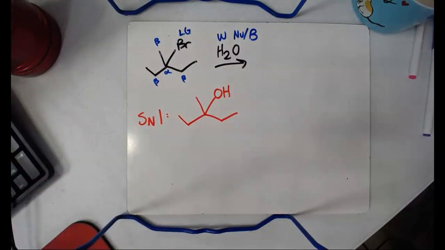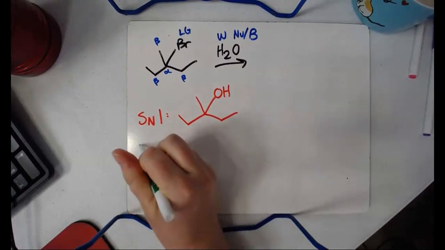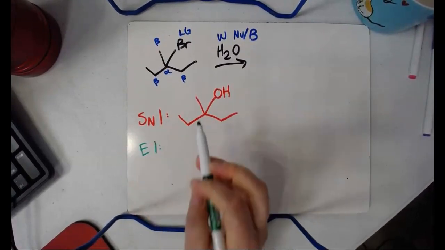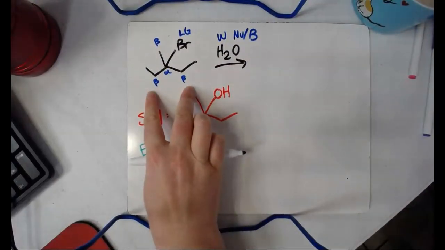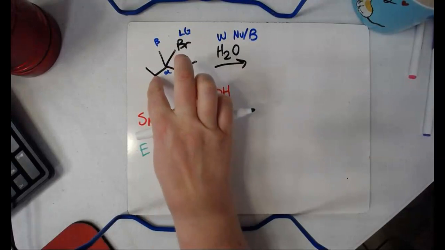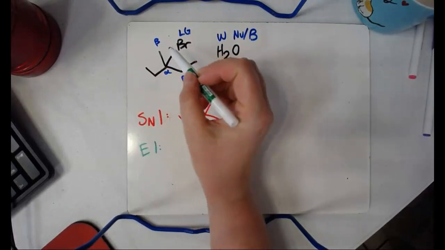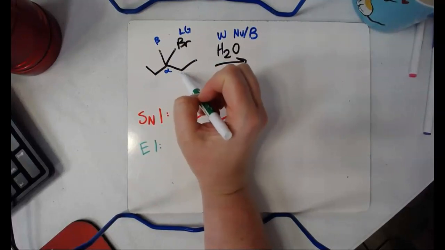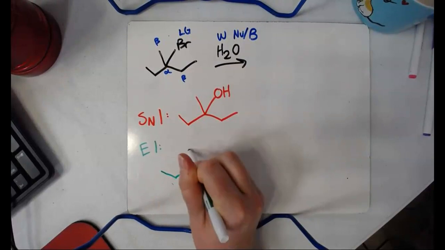Let's look at our E1 products. Now we have 3 different beta hydrogens. The 2 on the left and the right are equal to each other though, because there is symmetry. So I'm just going to erase this beta carbon. We're not going to use it. So for the carbon on the right over here, we're going to remove one of those hydrogens. So my carbon structure stays the same.